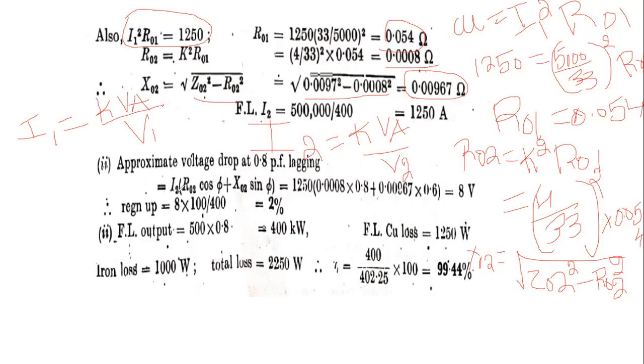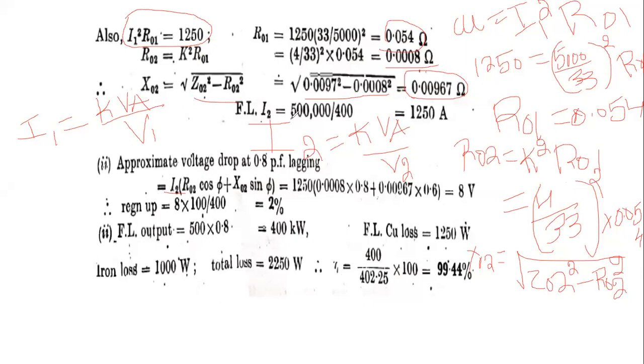This is the voltage regulation. Therefore, the voltage drop at 0.8 power factor will be equal to I2 into R02 cos phi plus X02 sin phi.